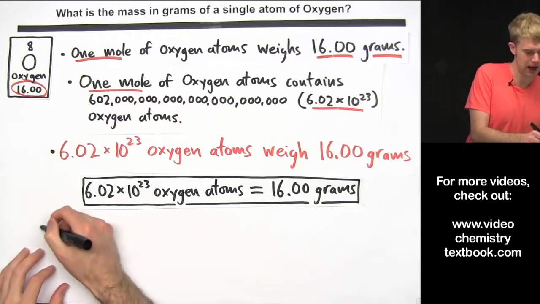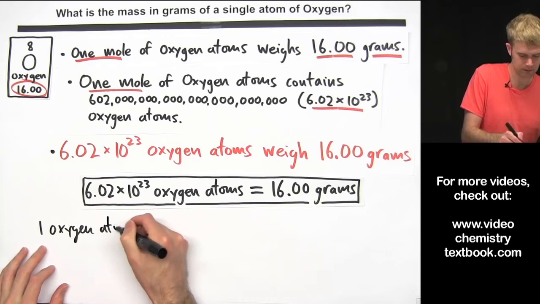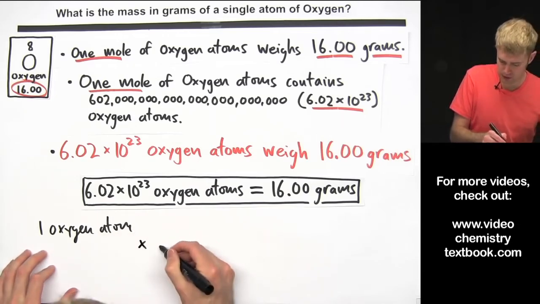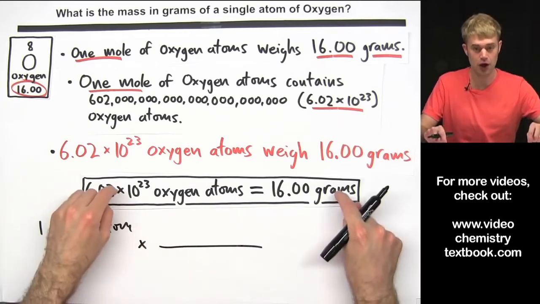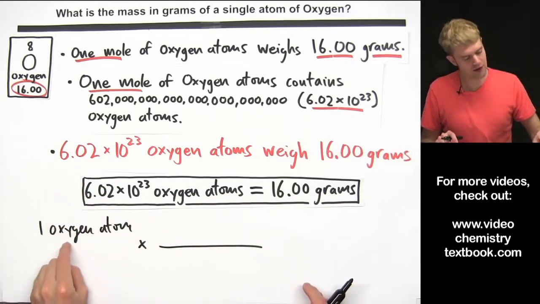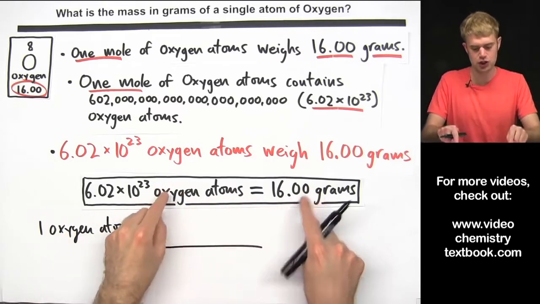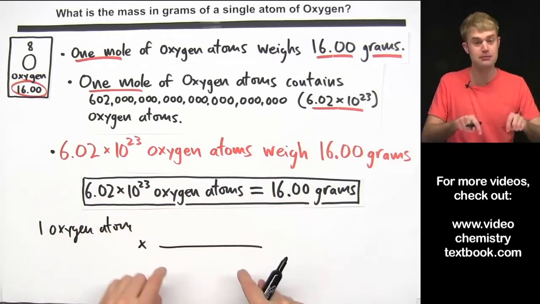Let's start here. I'm going to do 1 oxygen atom. And now I'm going to multiply that by a conversion factor made from this relationship. I want to get rid of oxygen atoms, which is on top here. So I'm going to write this relationship as a conversion factor with oxygen atoms on the bottom.